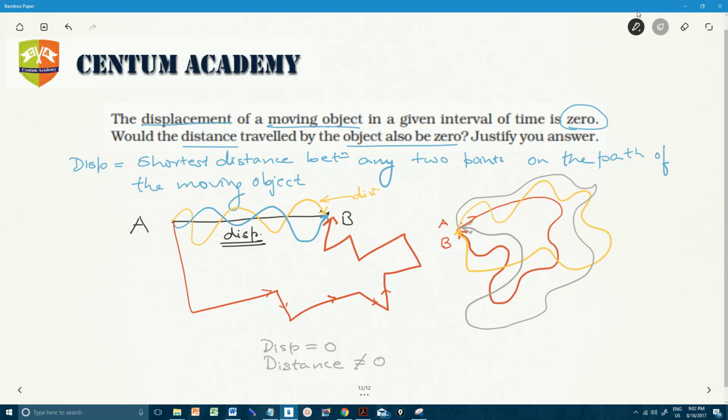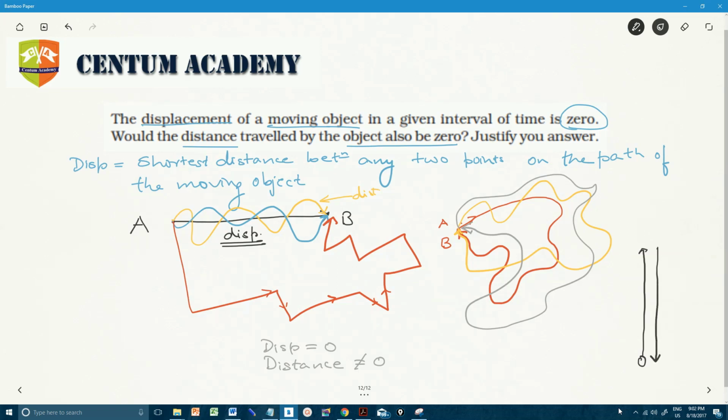Okay. Another example could be when you throw a ball up towards the sky. So let's say you have thrown the ball up. The ball goes up and stops momentarily at the highest point and then starts falling down and comes back to the original position.